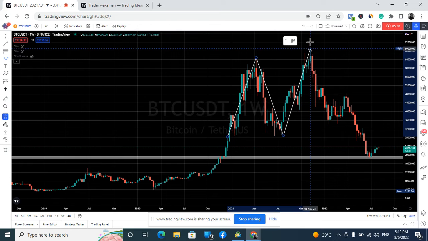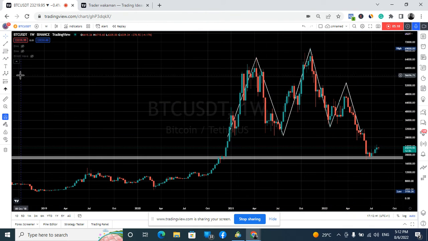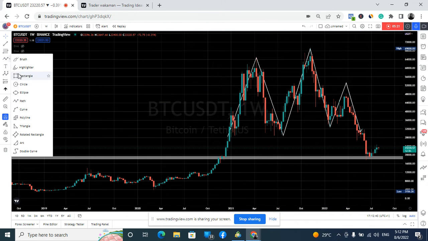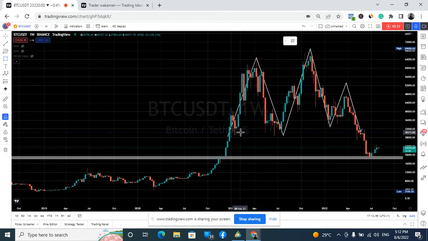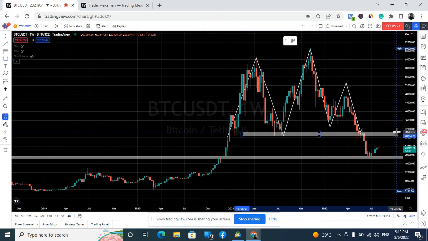But the head and shoulder pattern, not too sure, because a lot of people did not see the head and shoulder pattern. So it did something like this, head and shoulder pattern, and it has broken the neckline of the head and shoulder pattern.